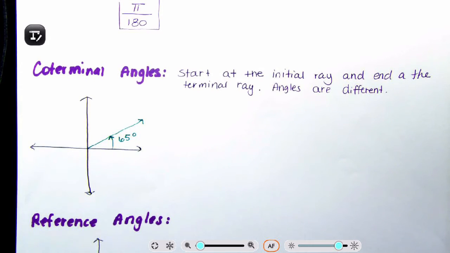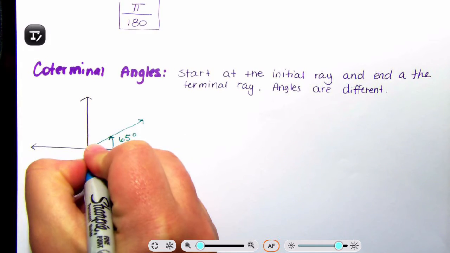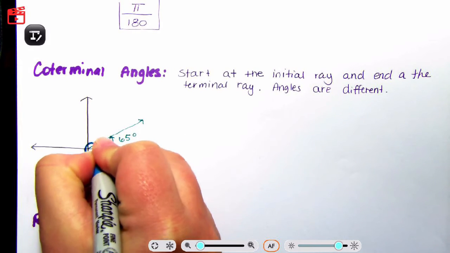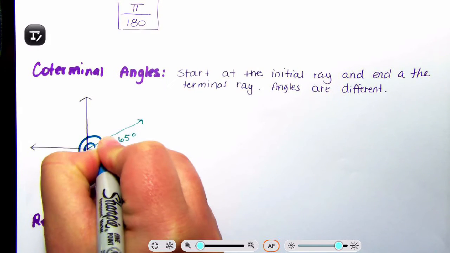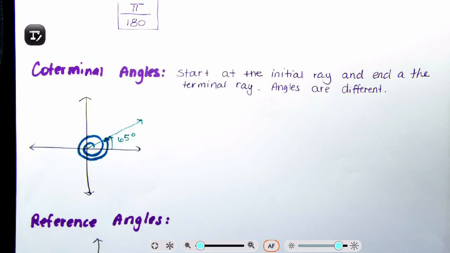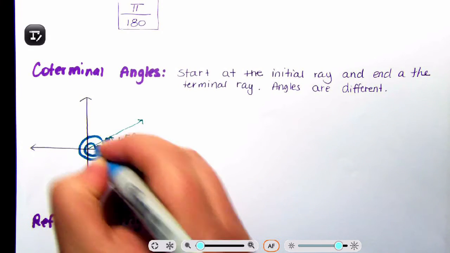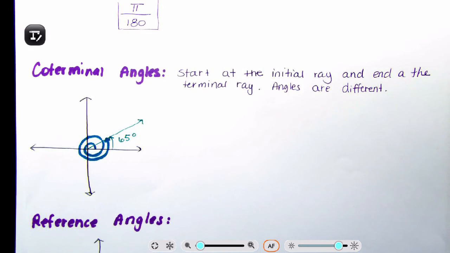A coterminal angle would be if I was to start at the same place and end at the same spot. So my terminal ray is the same, my initial ray is the same. However, there's a lot more twirly loop-de-loops in the middle, right? So that means my angle measure is completely different than my coterminal angle.